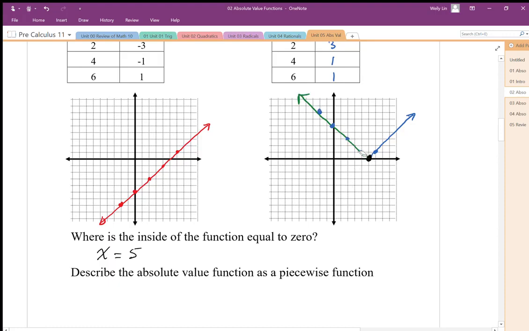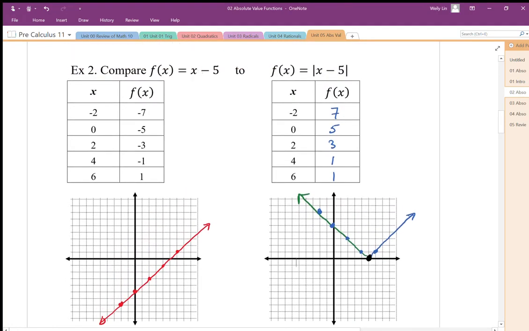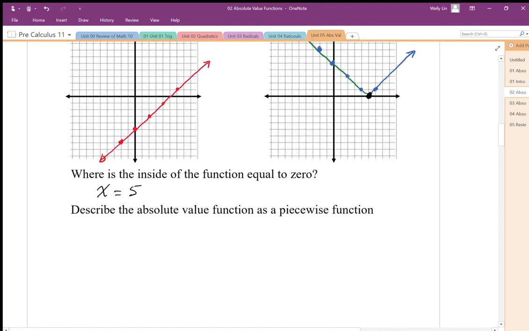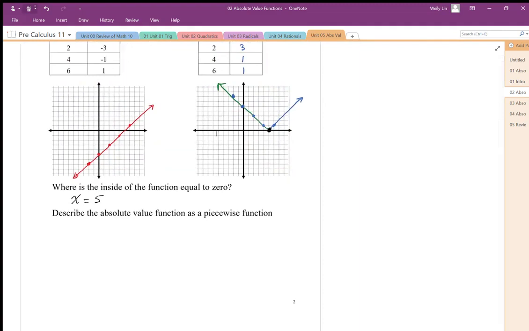So essentially this is a linear function that we can describe when the inside is negative. This is a linear function that can be described when the inside is positive. In fact, it behaves exactly like that. So, how do we describe this as a piecewise function? Well, it's the same as what we did before. We need to establish when the domain is positive.